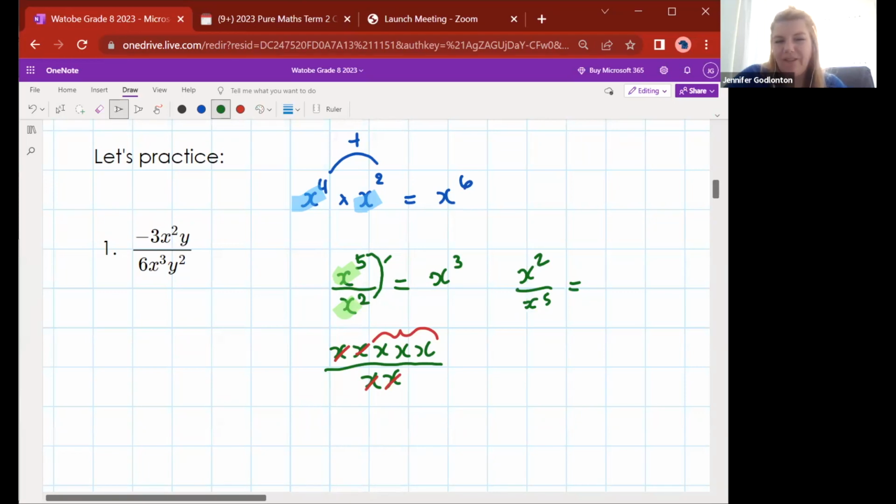Be very careful. And remember, if you are in doubt, you can always write it out the long way. You'll be able to see where your x's are left. x to the 3 is definitely going to be involved.